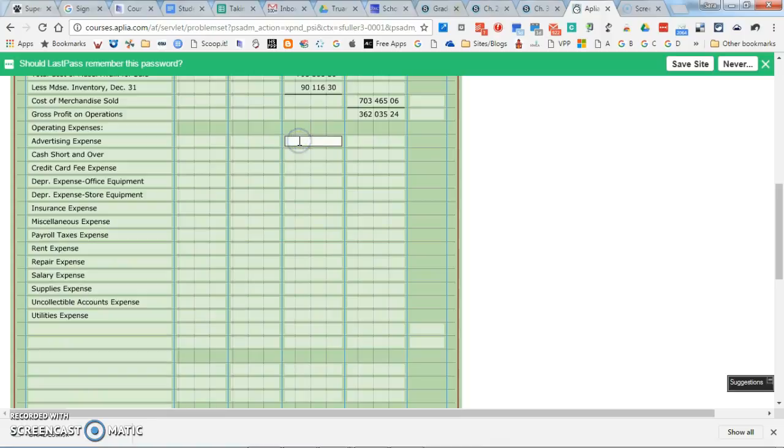Okay, now we're going to come back up here to advertising expense. Like I said, all these numbers just go in the third column. So $15,947.no.